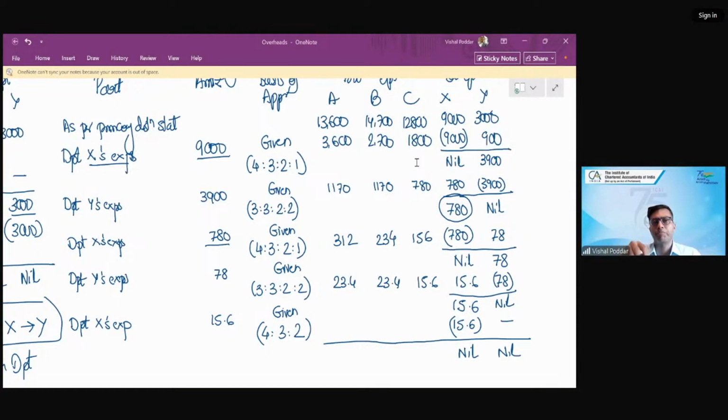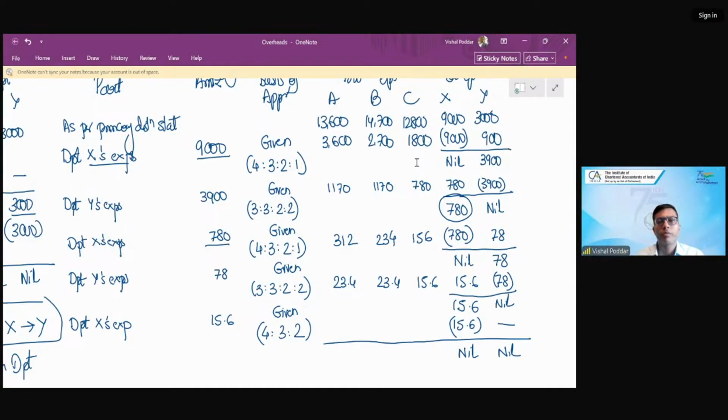Same thing we do here. Now, in this step, if I had to divide it and give it to the other service department, how much would I have got here? Even if I would have divided, it would have been 2 or 3 rupees. Since 2 or 3 rupees will be immaterial in a figure of thousands and lakhs of rupees, we decide not to give. So when the amount distributed becomes very small, you take this call. Correct?